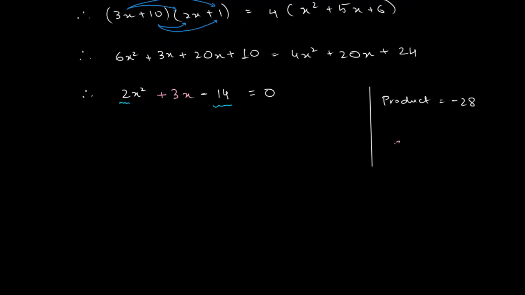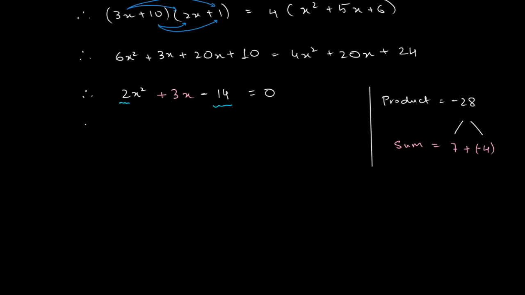So what we want is two numbers which multiplied give me minus 28, and when they are added they should give me plus 3. So two numbers multiplied minus 28 and added plus 3. It's basically 7 into minus 4, right? Because 7 into minus 4 is minus 28 and 7 plus minus 4 is plus 3.